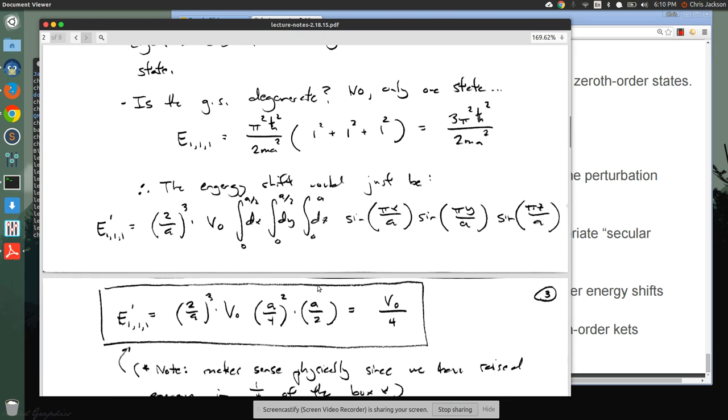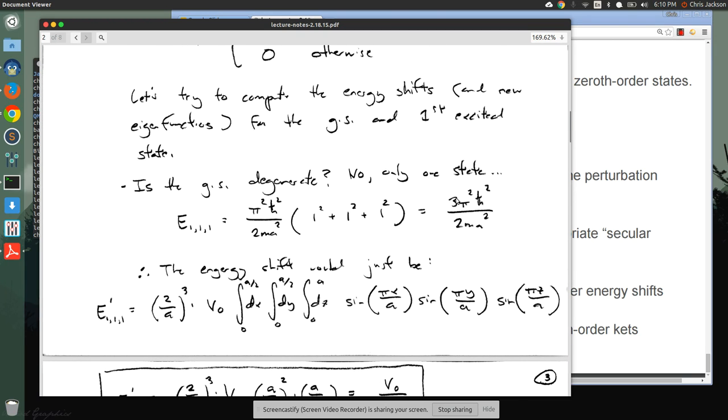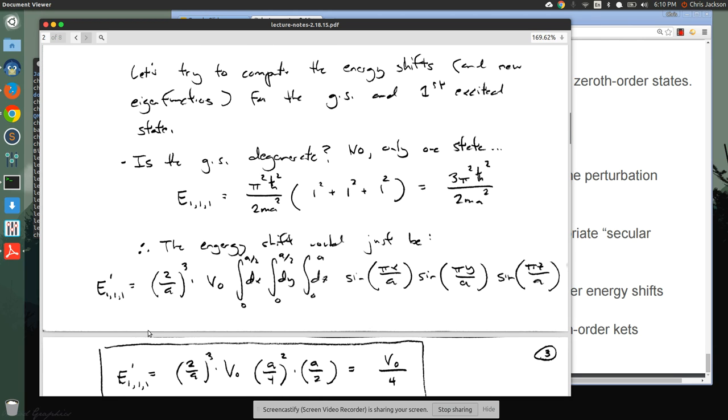So I can go ahead and compute the first order energy shift by just computing the matrix element of our perturbation between two ground state wave functions, right? And so that's what this is.